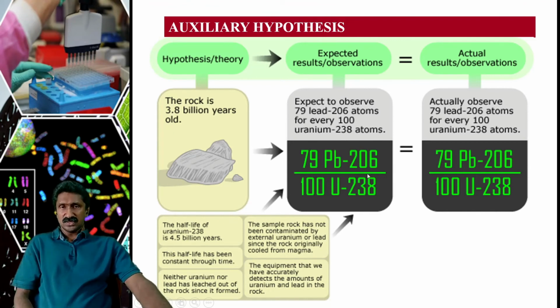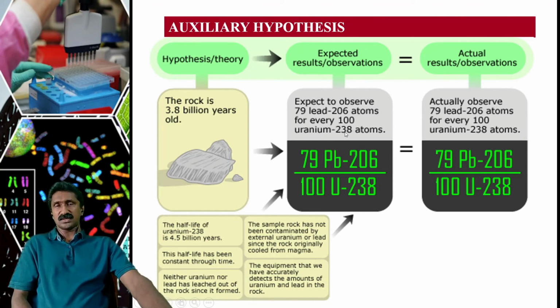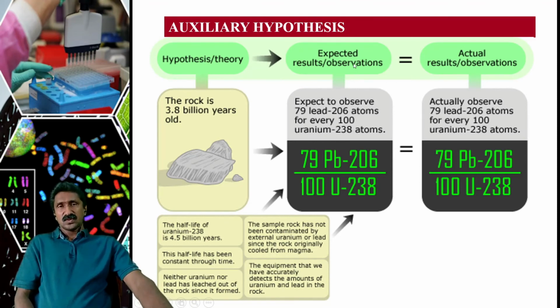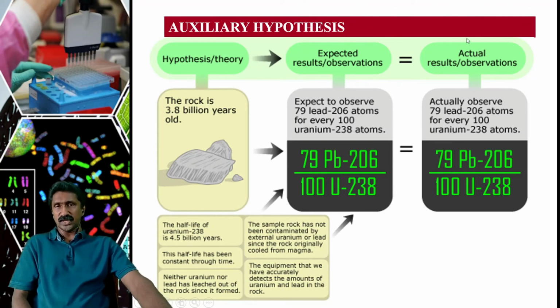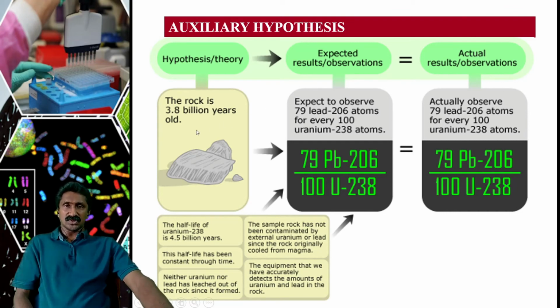This is the composition of the rock that we expect in carbon dating. To prove that, you can test that this is the expected scientific expectation, and by testing you can also prove it using carbon dating, etc. Now you see that both are the same, so it supports the hypothesis.